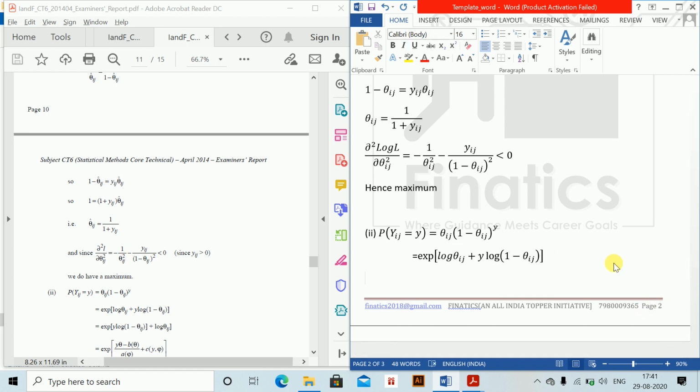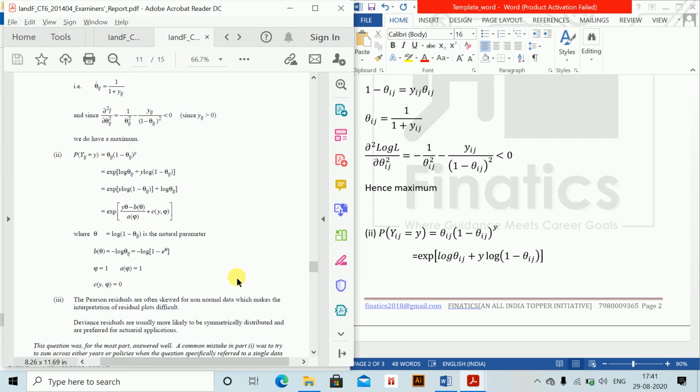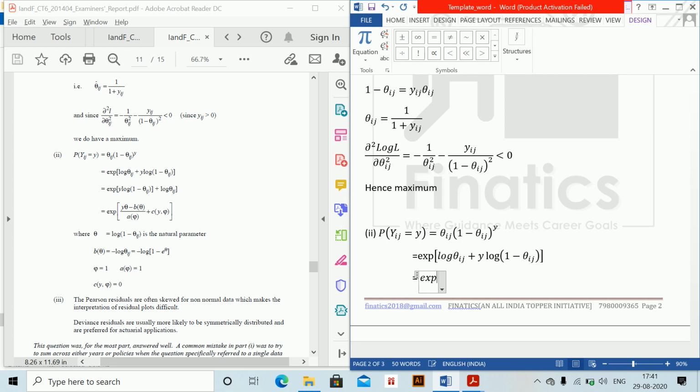Okay, coming down, then which is equals to exp of y log (1 minus \theta_ij) plus log of \theta_ij.